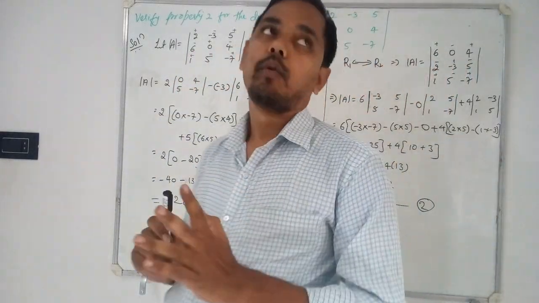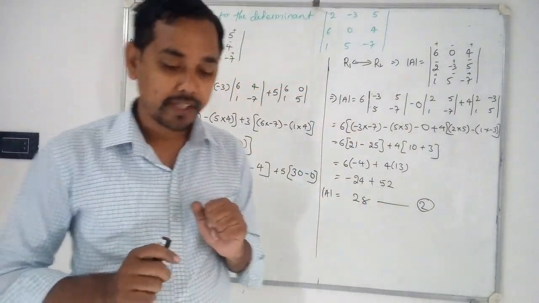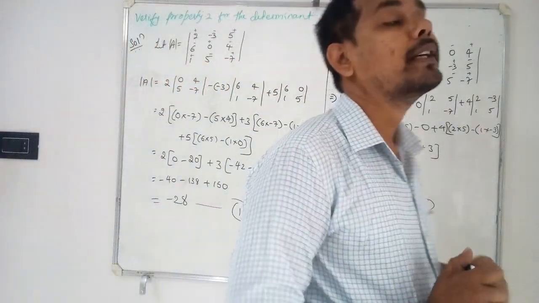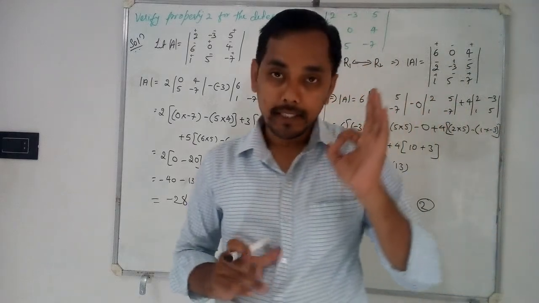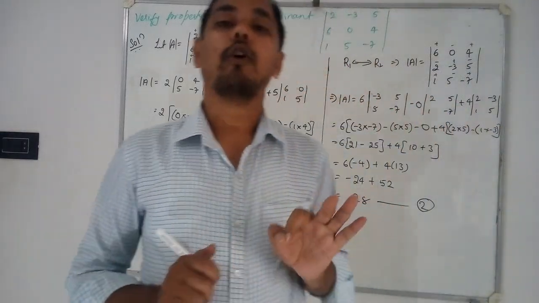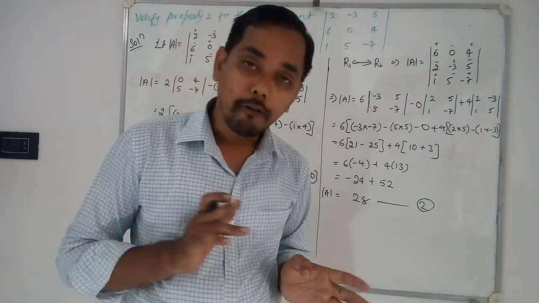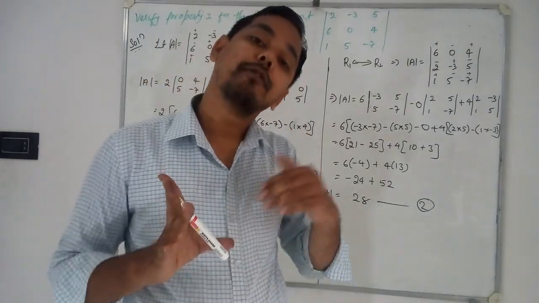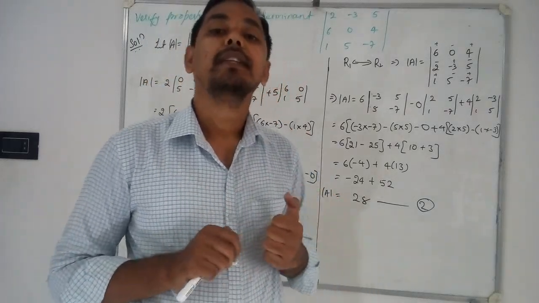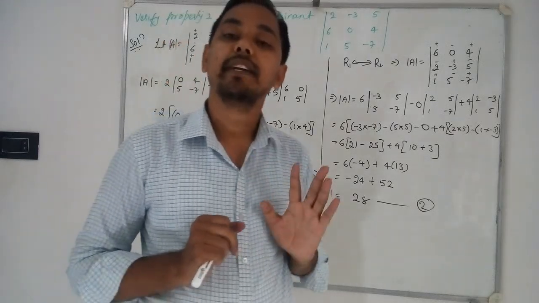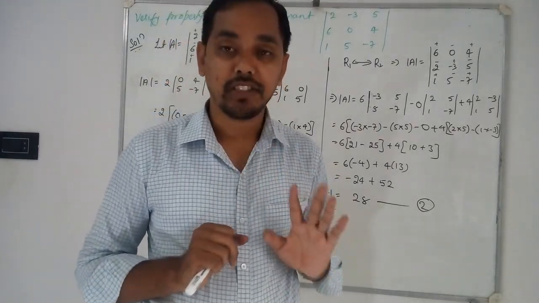Okay, so that is about the sixth property. And what about the seventh property? If each element of any row or column is added with equimultiples of corresponding elements of another row or column, then the value of determinant will remain unchanged.